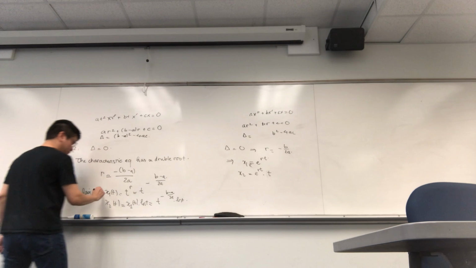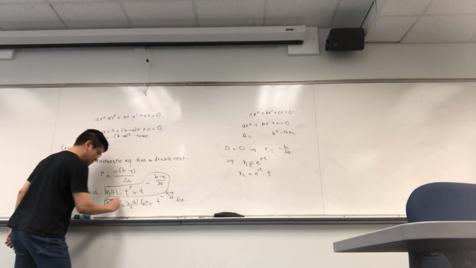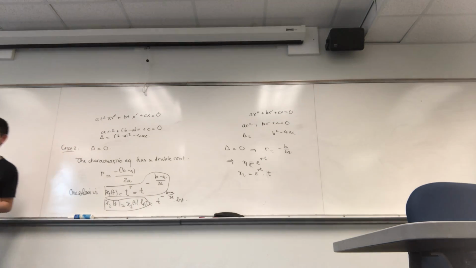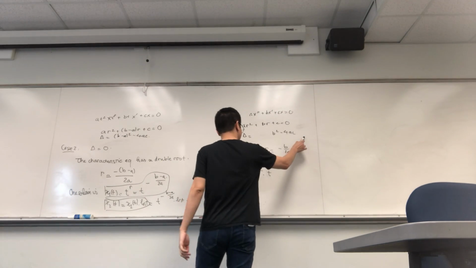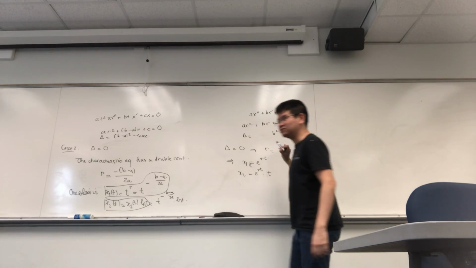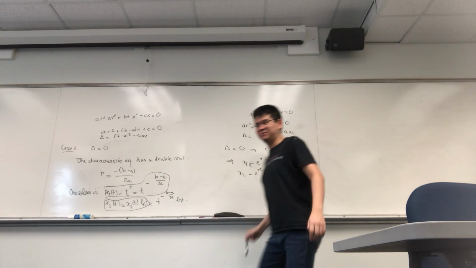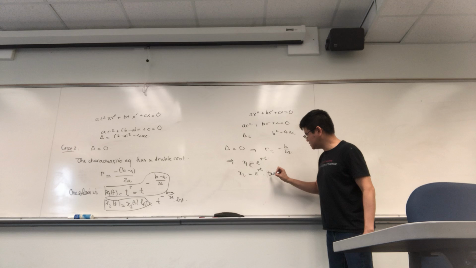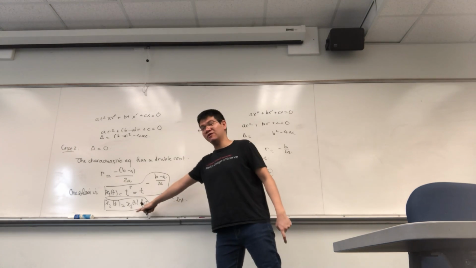Right, so the first solution should be this, and the second solution is the first solution multiplied with log t. And how do you remember it? You remember that for the previous case, the solution is exponential, and you replace exponential by the polynomial, right? In the previous case, you have t. Now you replace t by log t.